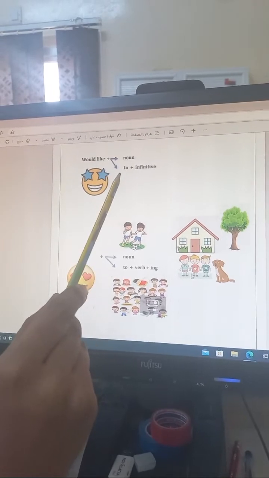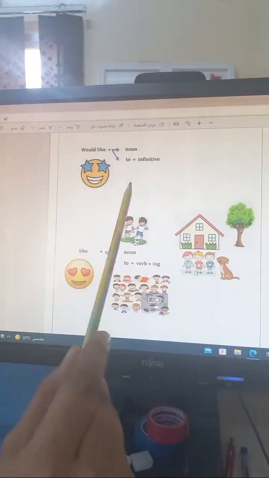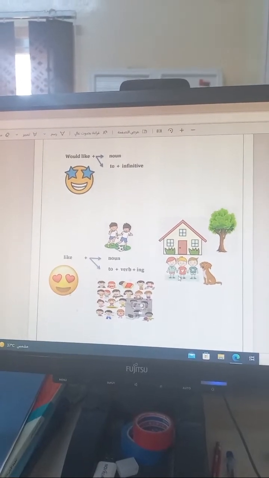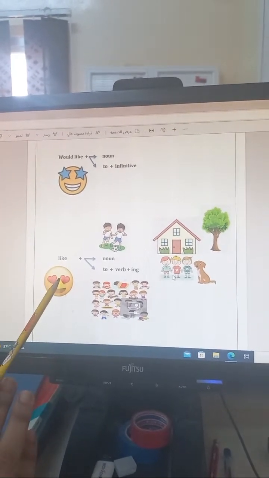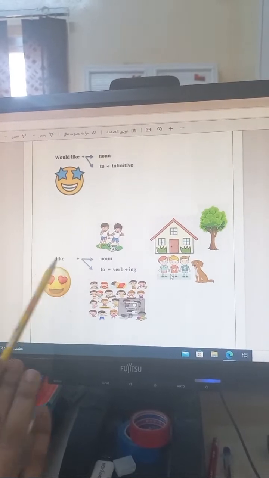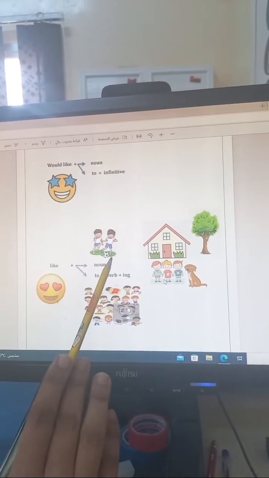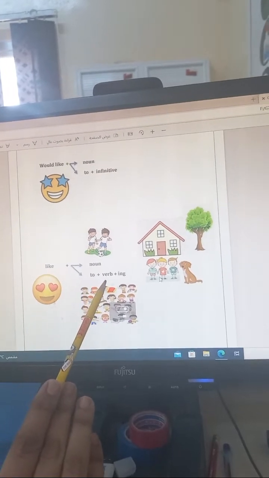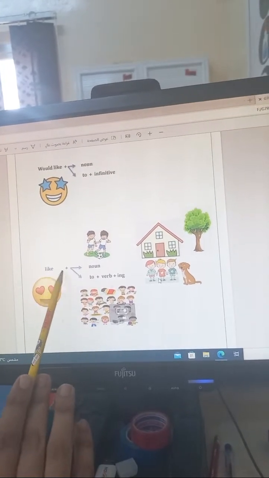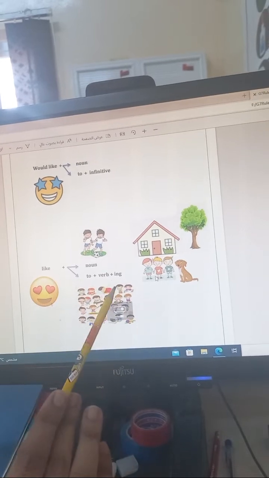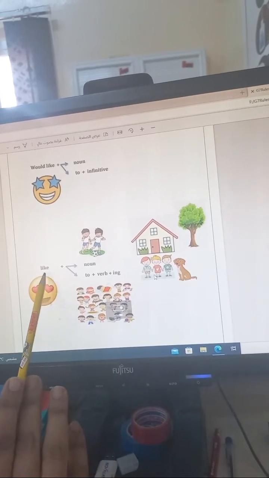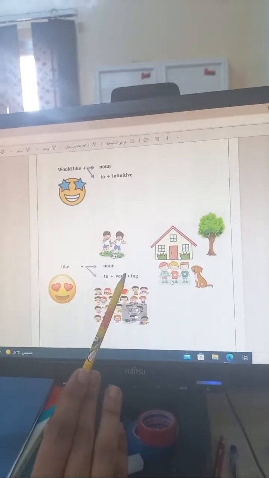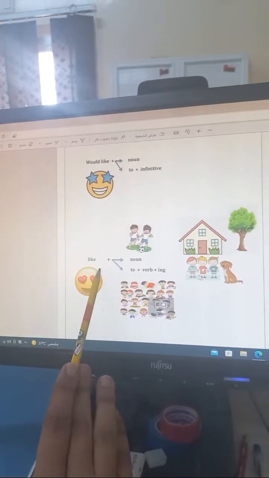Before the verb we should have to plus infinitive, like I would like to play football. But after like, what do I have? I like football. I like playing football. So the verb could come after like, it could come before it as to plus verb, and it could come as a verb with ing.